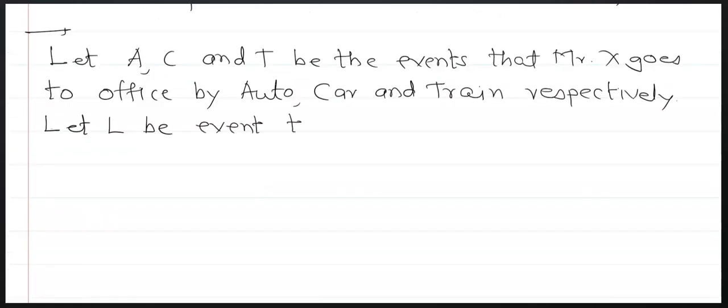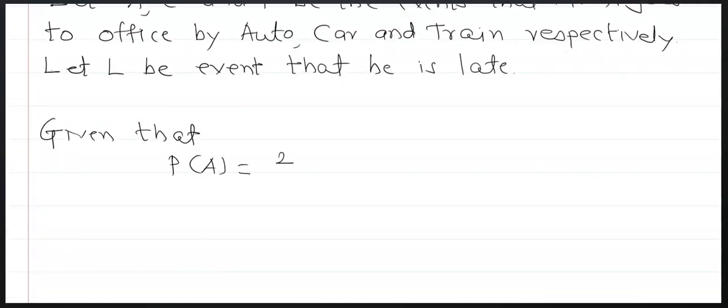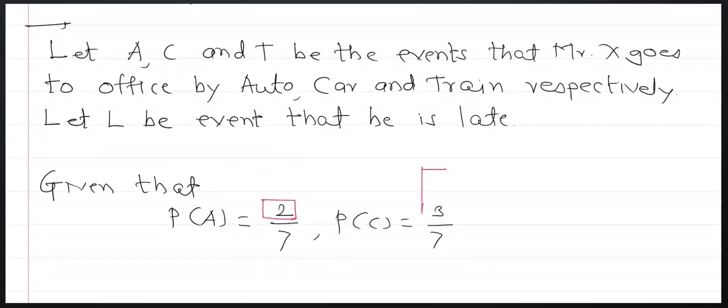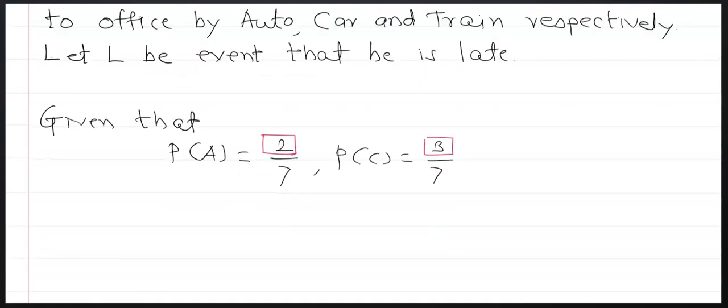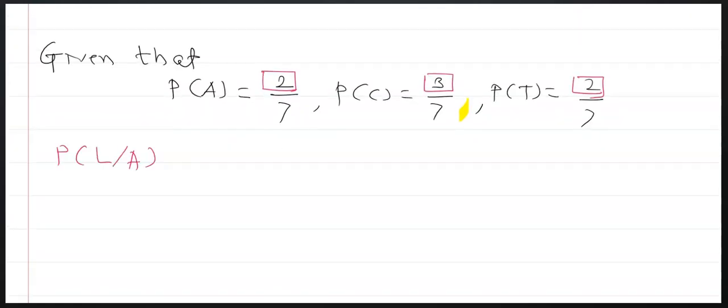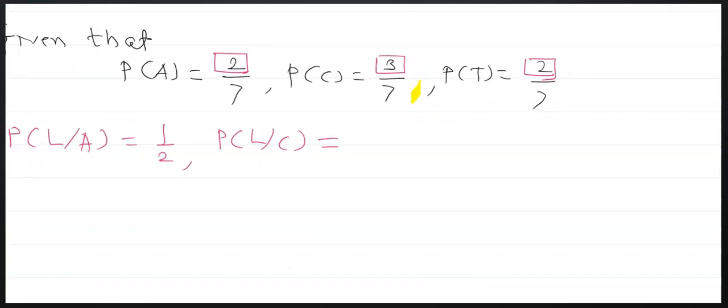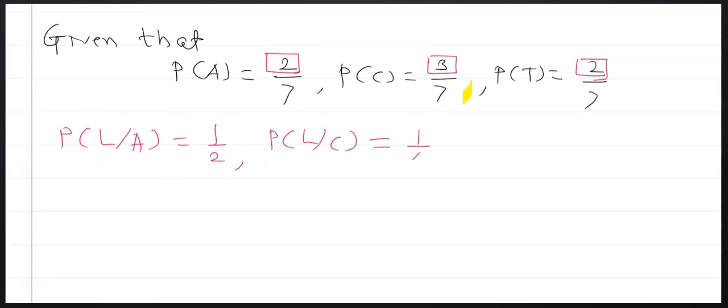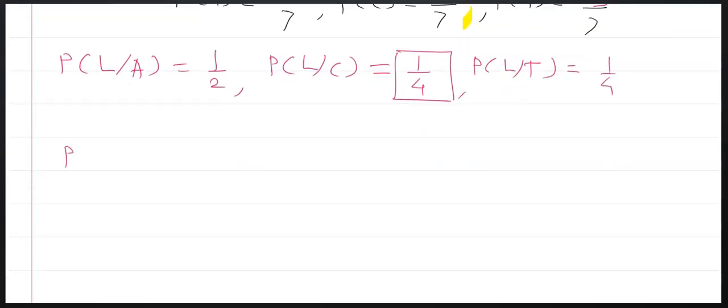Let capital L be the event that he is late, given that the probability of A is 2 by 7, the probability of C, that is car, is 3 by 7, and the probability of T is 2 by 7, which we have known. The probability of L conditional on A is 1 by 2. The probability of L conditional C is 1 by 4. The probability of L conditional T is 1 by 4.